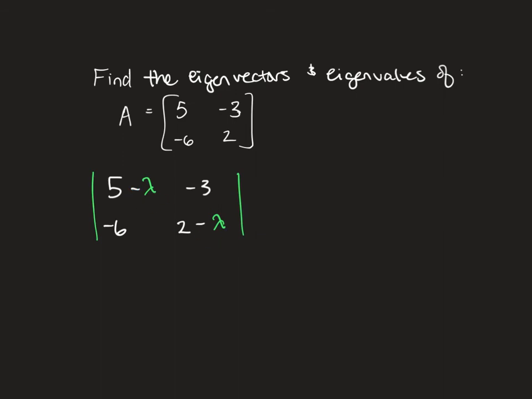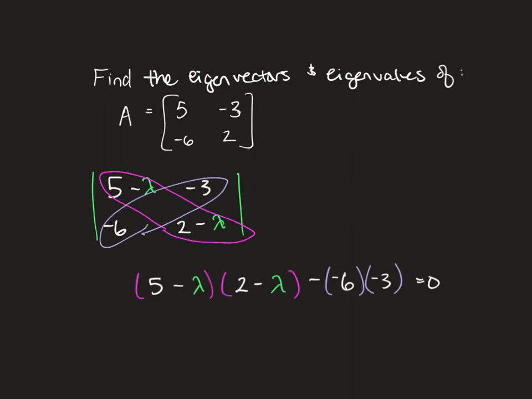You subtract lambda down the side. Then we get the determinant: multiply these, then subtract off these. 5 minus lambda times 2 minus lambda minus -6 times -3 is equal to 0.